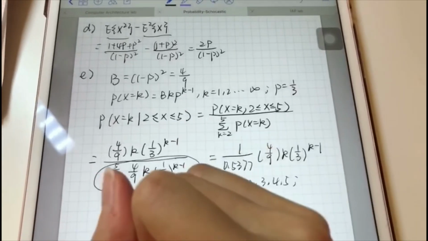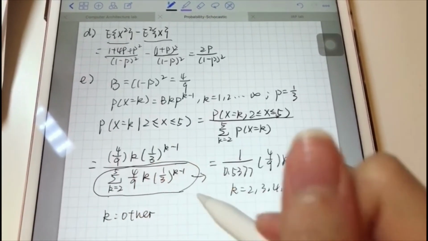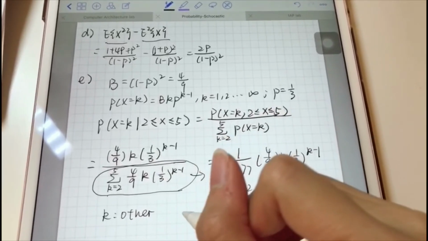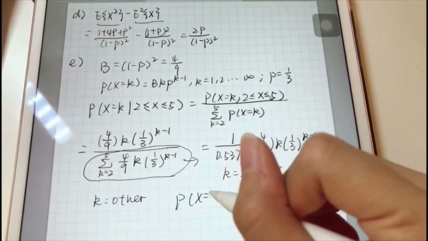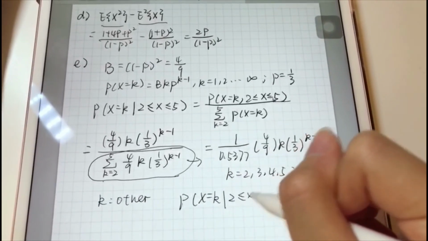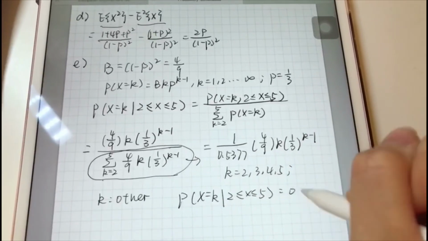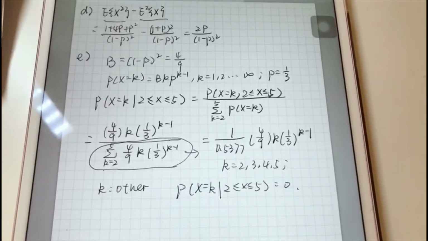When k equals any other number, the probability under the condition will be 0. Now this is the solution of all these questions.